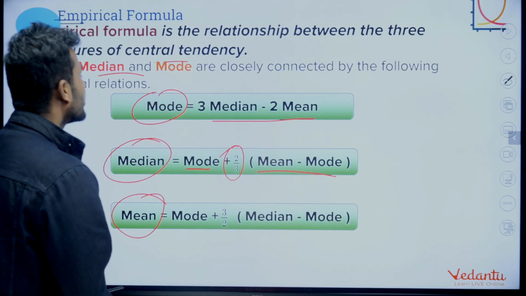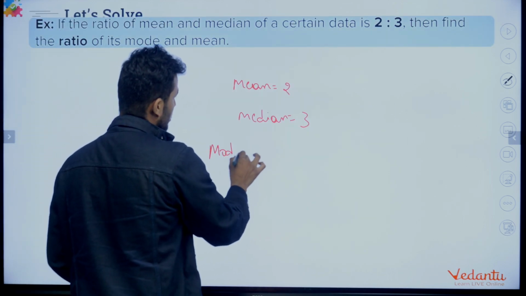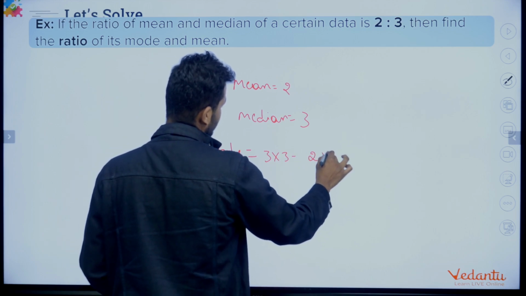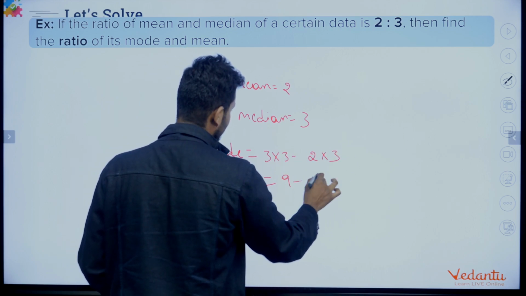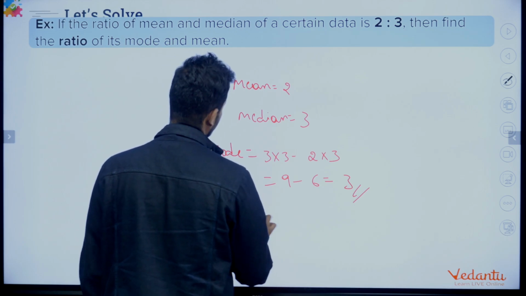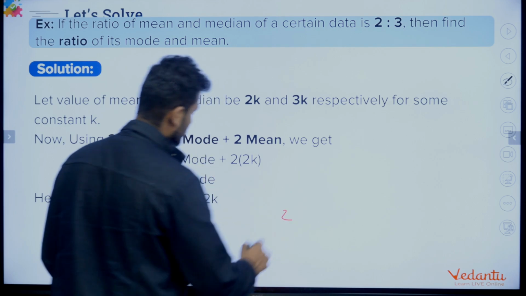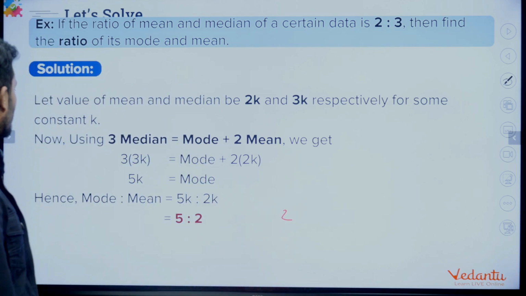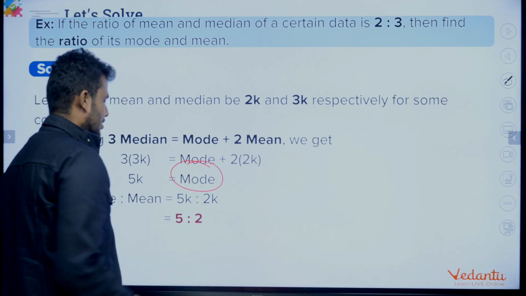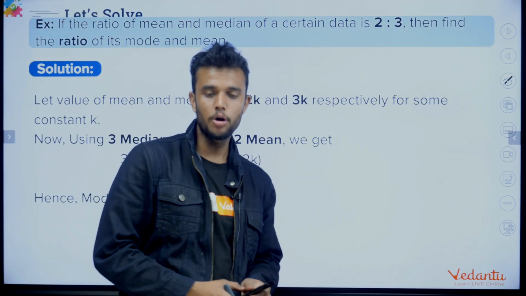Mode is equal to 3 median minus 2 mean. 3 threes are 9, 9 minus 4, it's 5. Then the mode to mean ratio is 5:2. Okay, students, I hope it's clear.